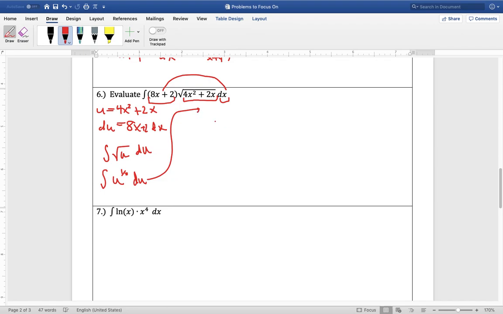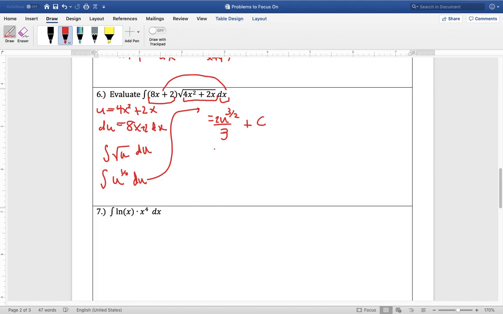So when we take the integral of u to the 1/2, we get u to the, add 1 to the exponent, so that's 3/2. And then we multiply by the reciprocal, which is 2/3, plus c.